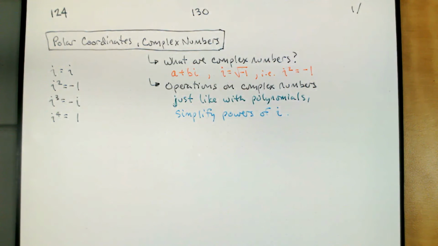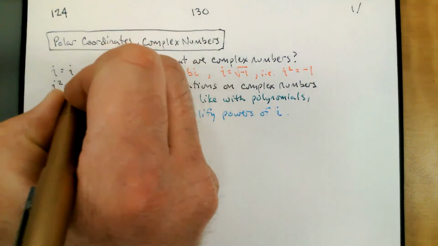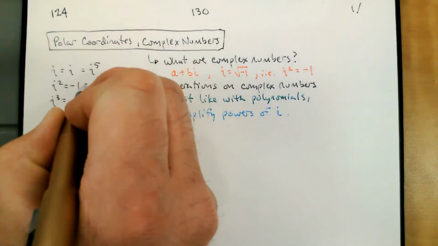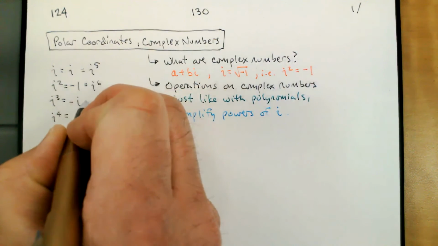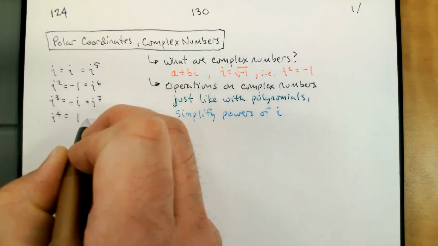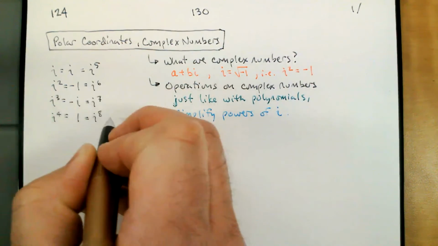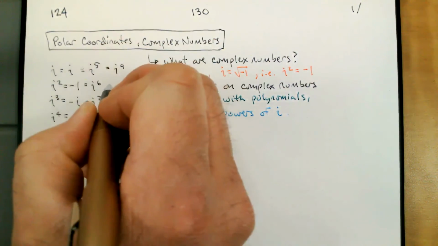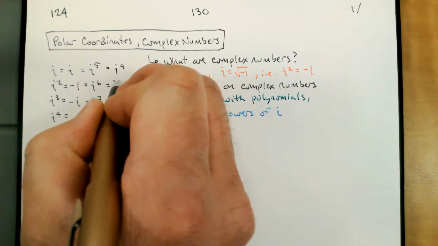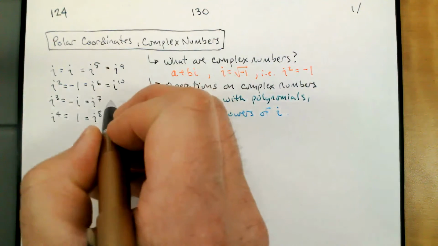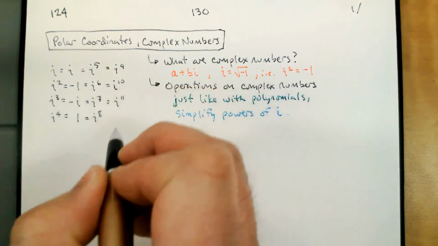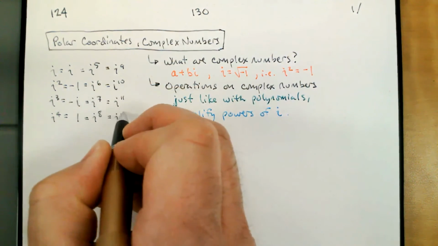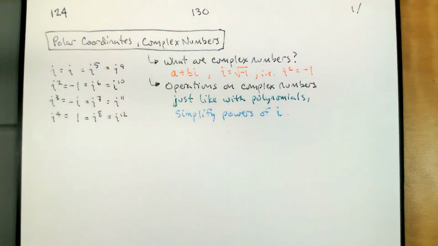So i to the fifth is just i, i to the sixth is negative 1, i to the seventh is negative i, i to the eighth is back to 1. i to the ninth will be back up to i, i to the 10th will be negative 1, i to the 11th is negative i, and i to the 12th is 1. And this goes on forever.